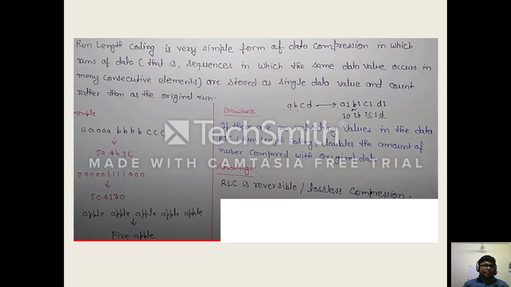Let us see another view. Run length coding is a very simple form of data compression in which runs of data, that is sequences in which the same data value occurs in many consecutive elements, are stored as a single data value and count rather than as the original run.